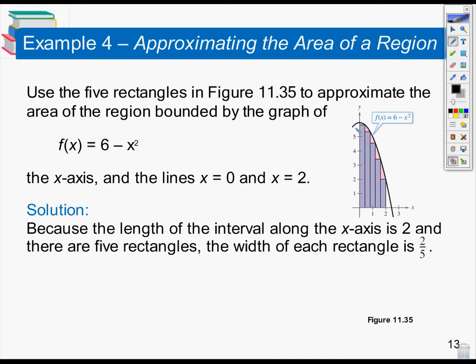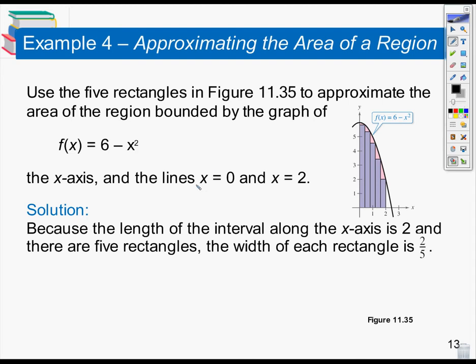If they are so minuscule that they are right next to each other, there is such a minimal amount of empty space that I'm not accounting for, that the area underneath this curve is a very, very close approximation of what it actually should be. So that's where the idea of limit comes in, making these rectangles as close to 0 wide as possible. Right? So let's look at this example and then see how that works out.